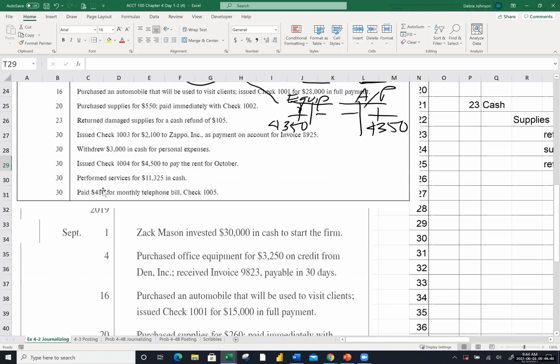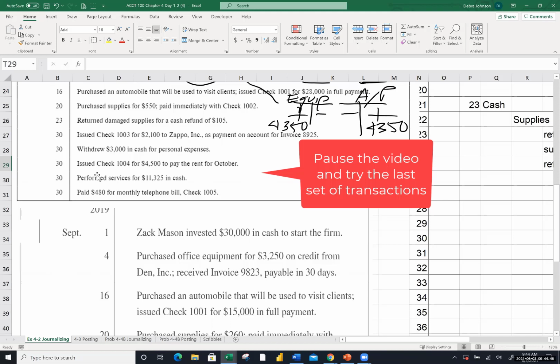I'm going to set my timer. You guys try doing these last 5 transactions, just journalizing them, and then we'll compare answers. We'll mark anything that either one of us miss, and then we'll go to the harder step, which is going to be posting these to the ledger. So I'm going to set my timer for 5 minutes. That should be enough to do those transactions.